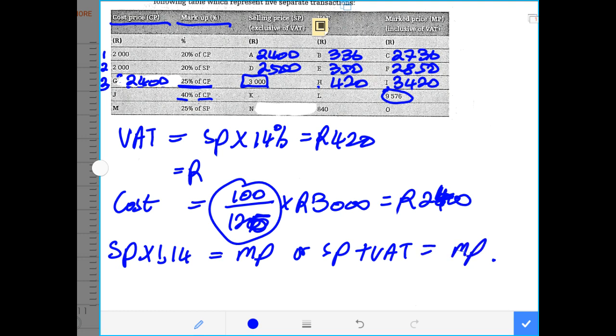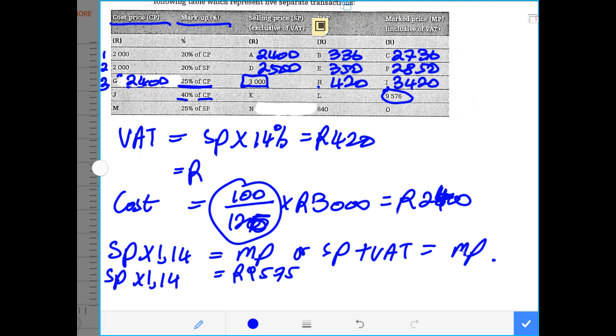So in this case, do I know my selling price? I don't know. Do I know 1.14? Yes, I know that. Do I know my marked price? The answer is yes. My marked price is 9,576.